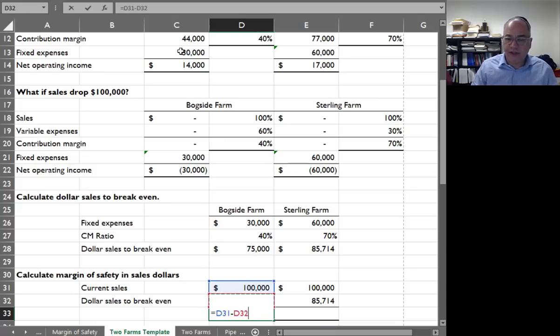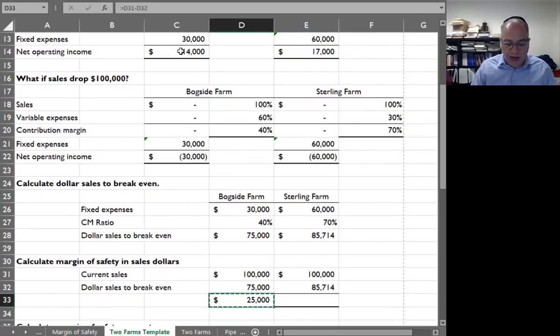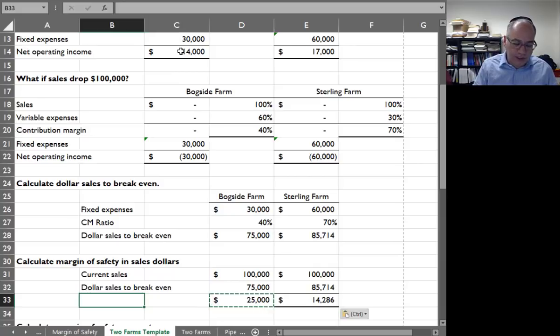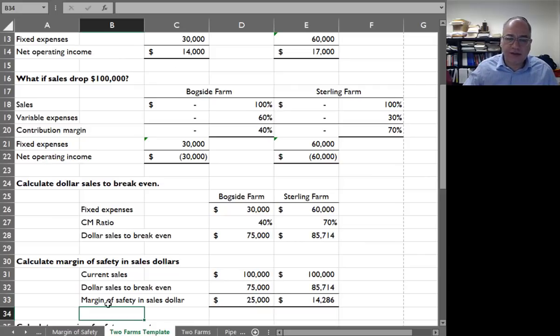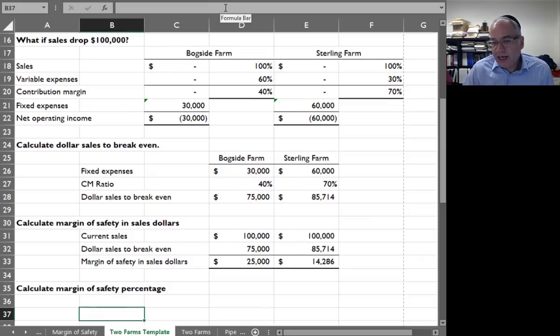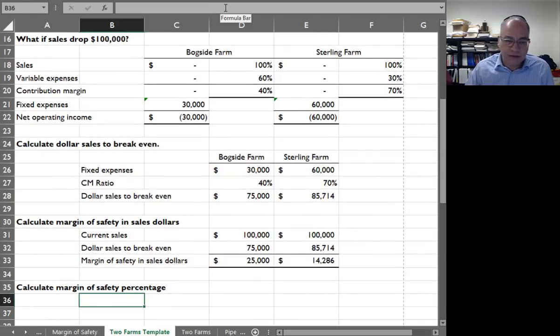So the margin of safety in sales dollars for Bogside is 25,000. For Sterling, it's only $14,286. Meaning that Bogside has a much wider margin of safety because it has lower fixed costs.